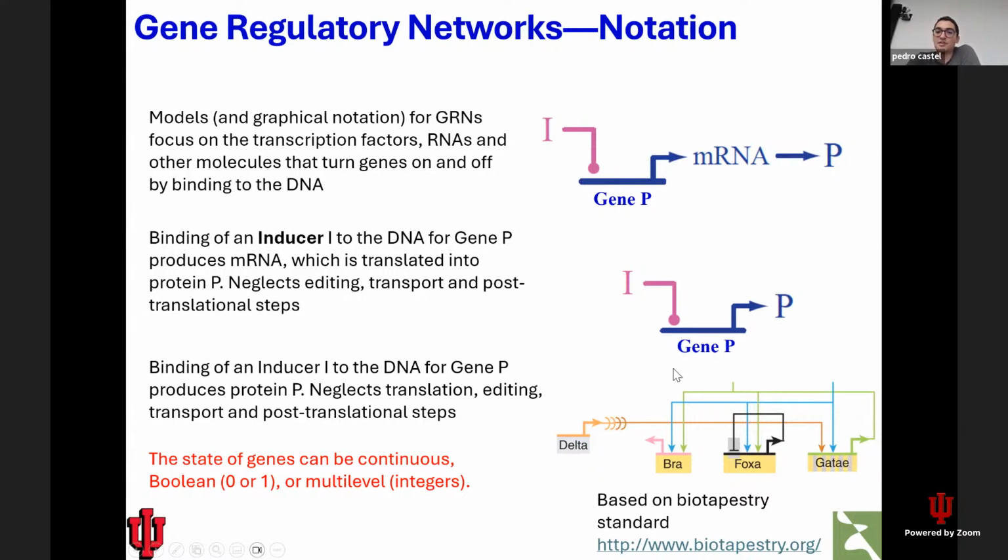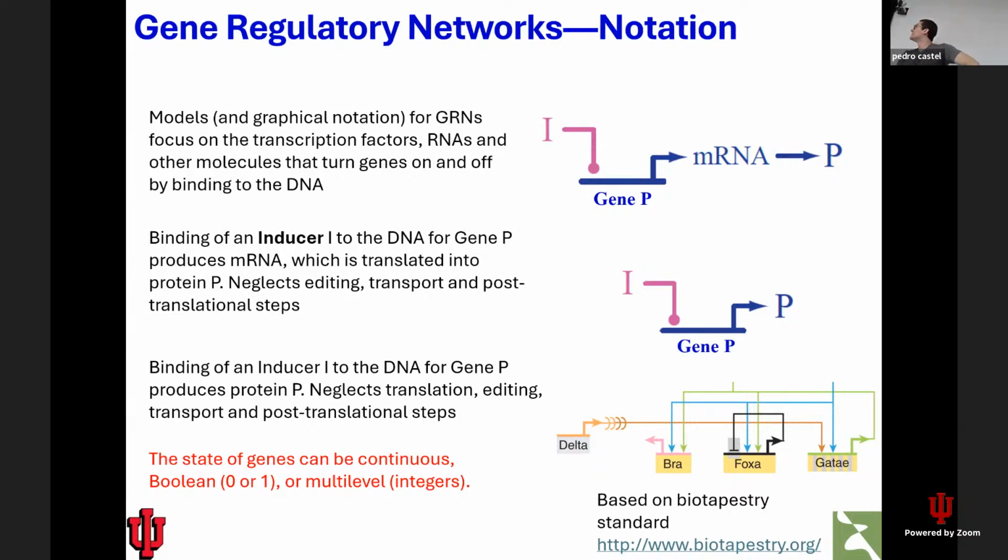And down here, we have a real case of a gene regulatory network. You can see those multiple inputs. And sometimes one of the outputs is an input to the gene itself. And some inputs are promoting the gene, others are inhibiting the gene.